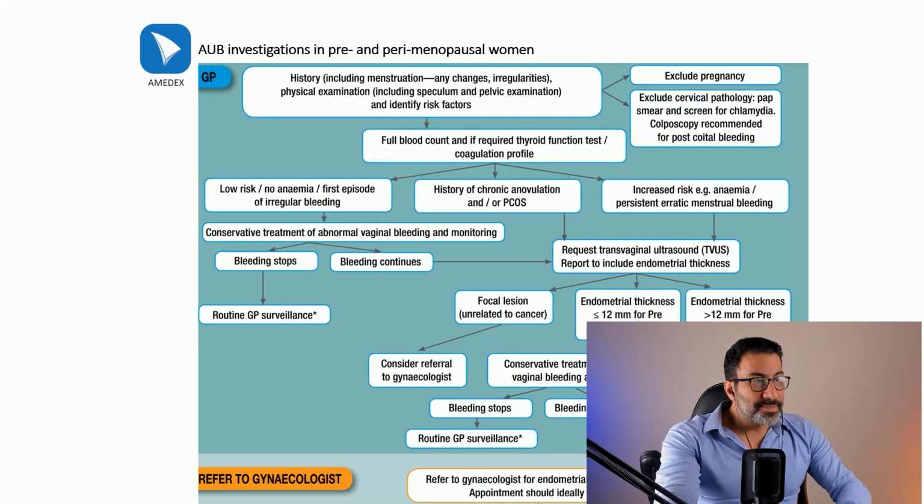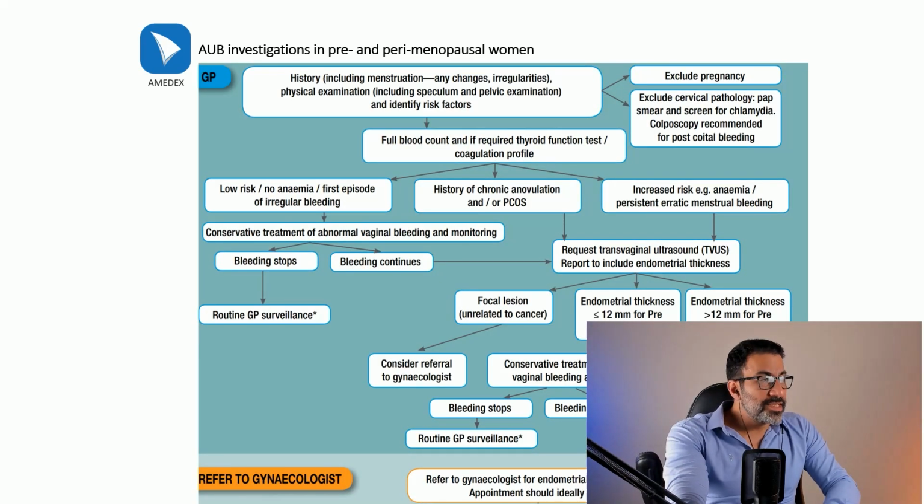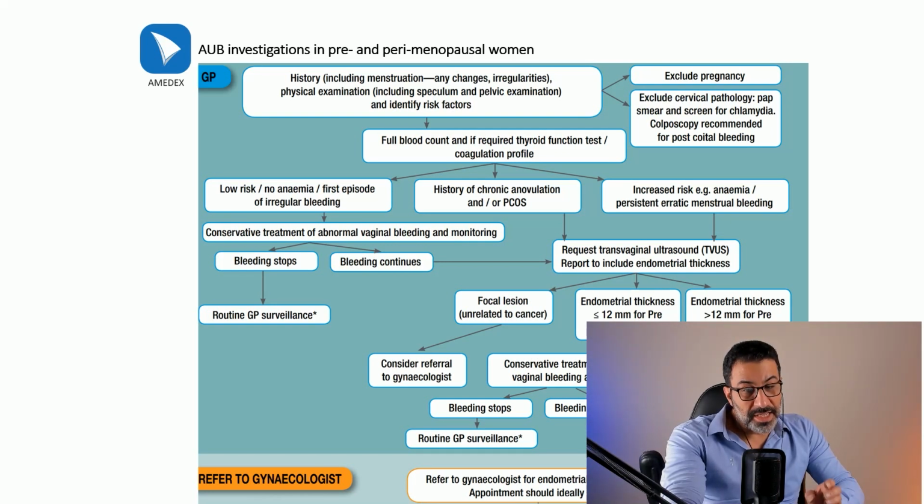Forget about this. This is a table or flowchart, better said, from the same guideline I just introduced. So a lady presents in a pre or perimenopausal state, like before she started experiencing the symptoms, she was premenopausal or perimenopausal, and she's having a change in bleeding pattern which is concerning to her.